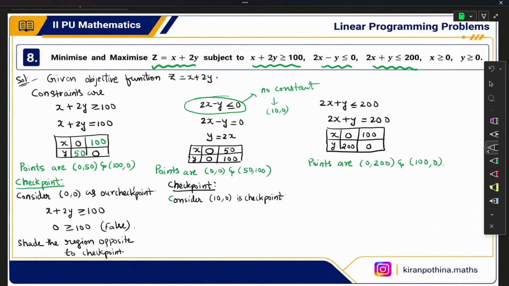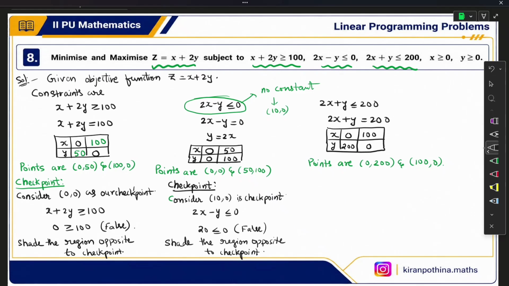Now where do we need to substitute the 10 comma 0? In the given inequality, that is 2x minus y less than or equal to 0. When we take x value 10, 2 tens how much? This is 20. 20 less than or equal to 0, again it is false. Whenever it is false, what we need to write again? Shade the region opposite to checkpoint.